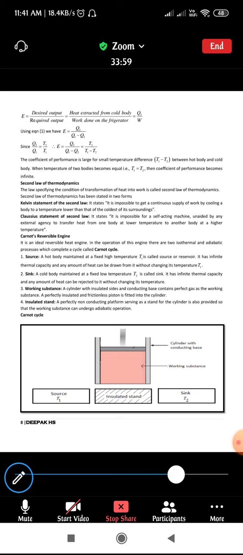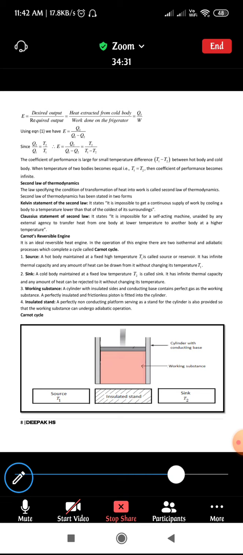As you know, suppose you take a system and you are increasing its temperature by supplying heat. After a few hours, the temperature of the system and the surrounding becomes the same, right?